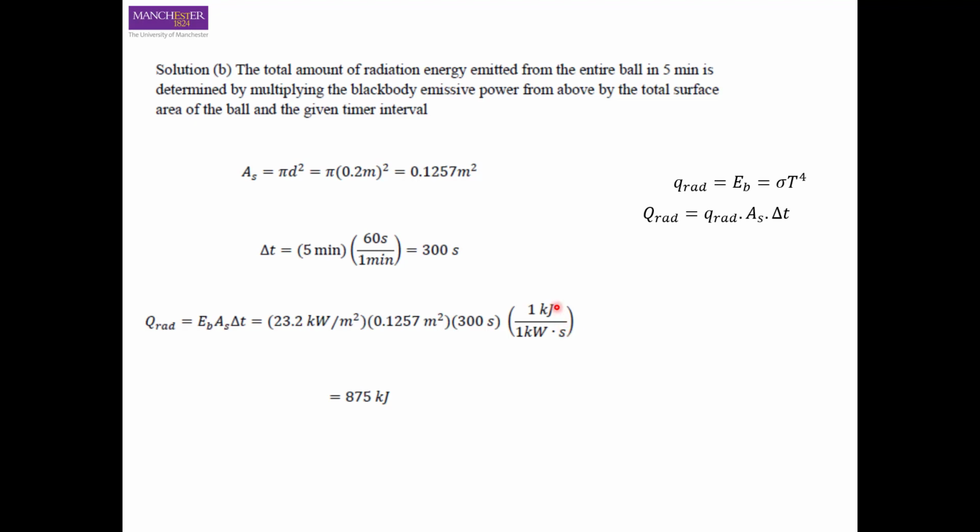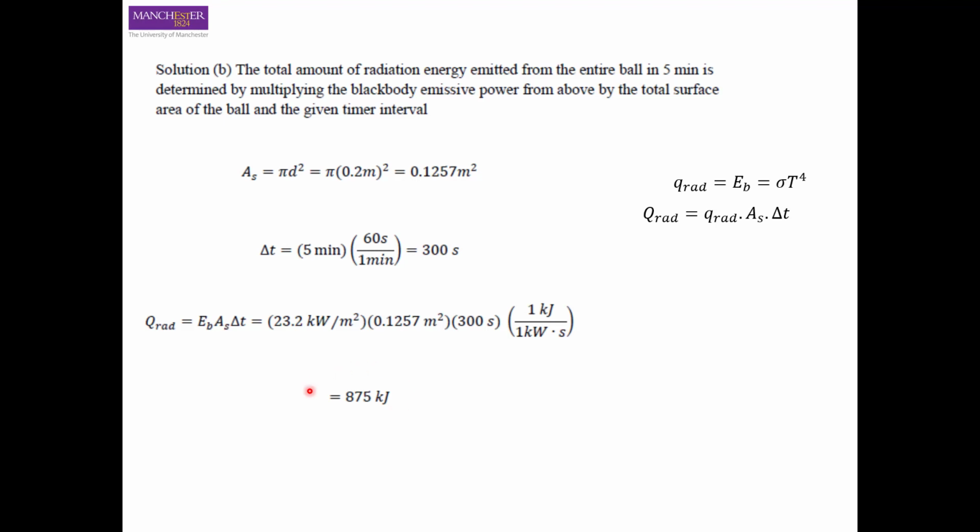Okay, so that is the energy per unit second, and we are converting power into thermal energy. If you do this conversion, we can cancel out kilowatt with kilowatt, meter square with meter square, second with second, and then we are only left with the kilojoule, that is the amount of energy. Okay, so Q radiation will be 875 kilojoules.